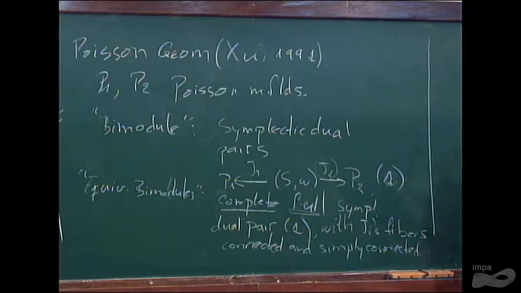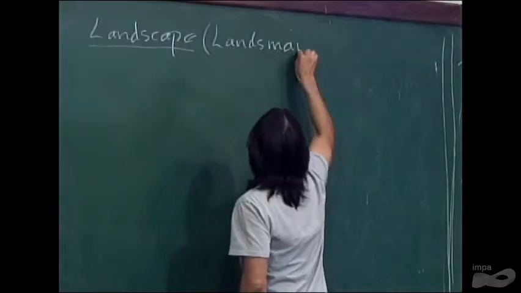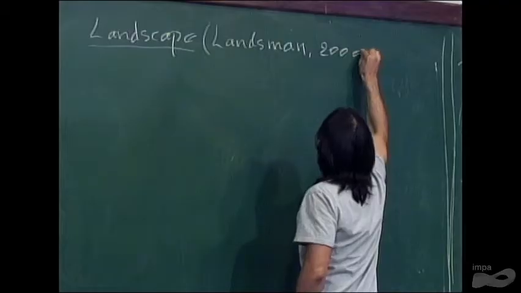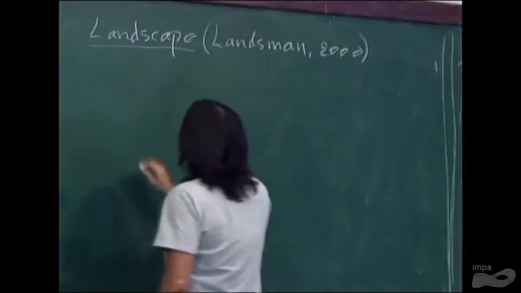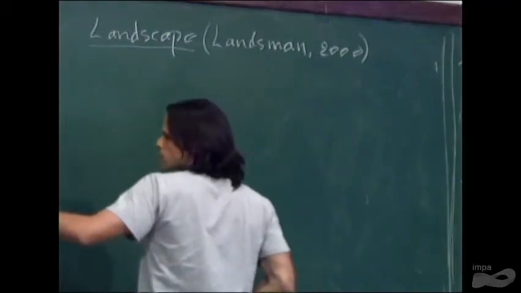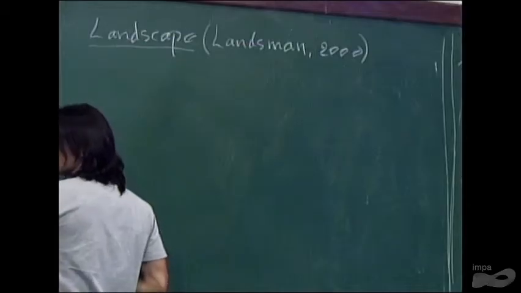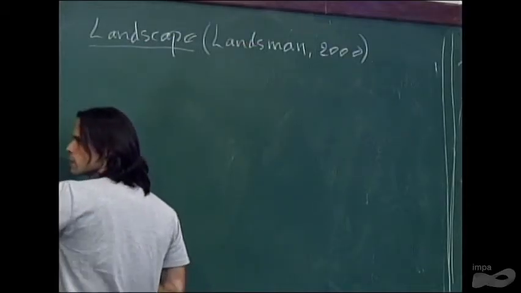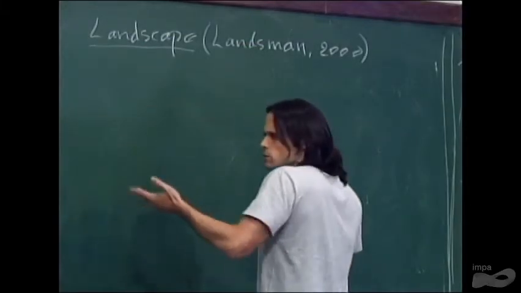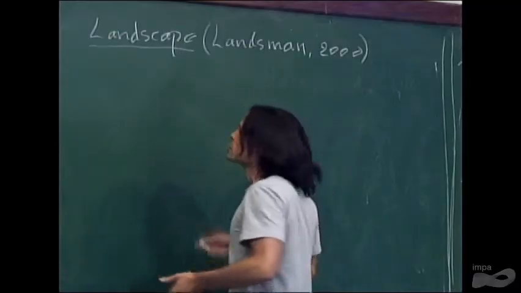Okay, so let me picture for you a landscape of Morita equivalence. You can find more of this in the work of Landsman. As I told you, whenever you have a good notion of bimodule and tensor product between them, you are likely to be able to introduce a notion of Morita equivalence.